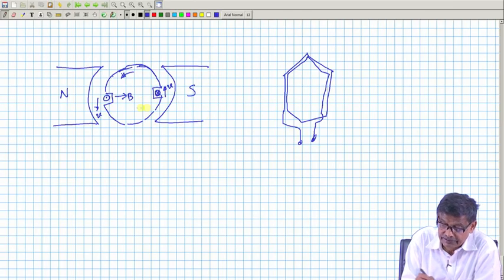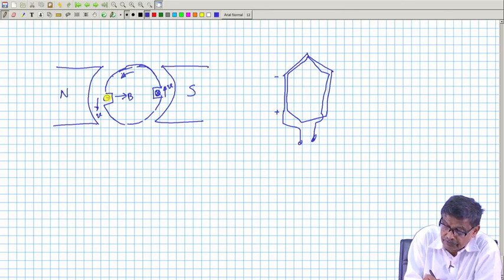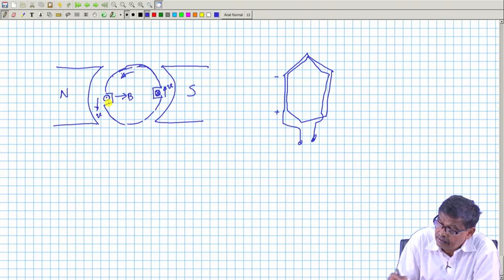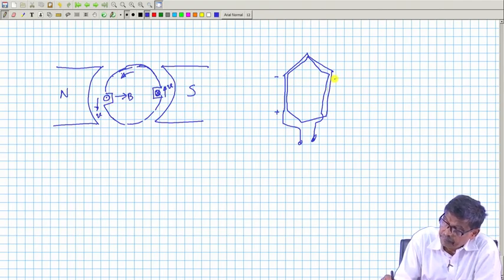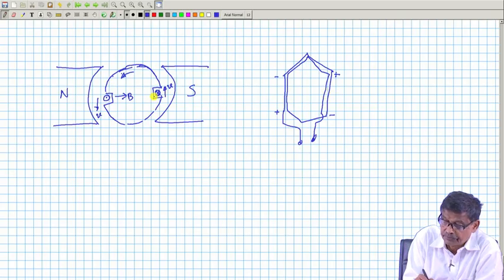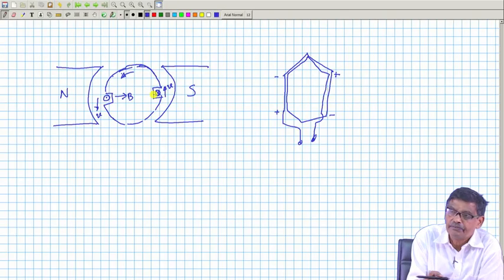So, the polarity of the induced voltage will be plus and minus for coil side 1, and minus and plus for coil side 2, because it is under the south pole having the same velocity.